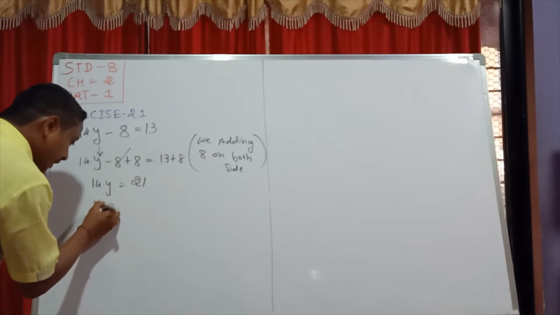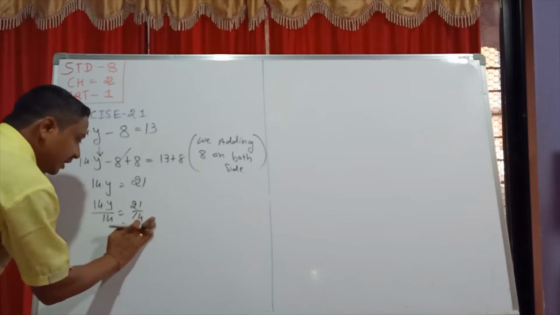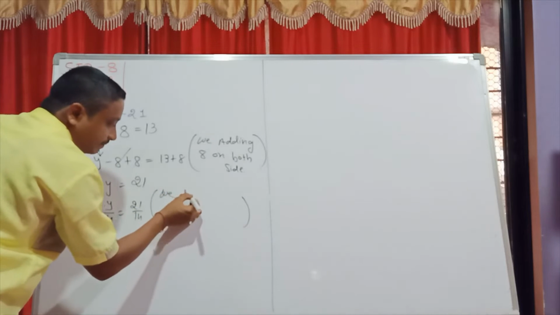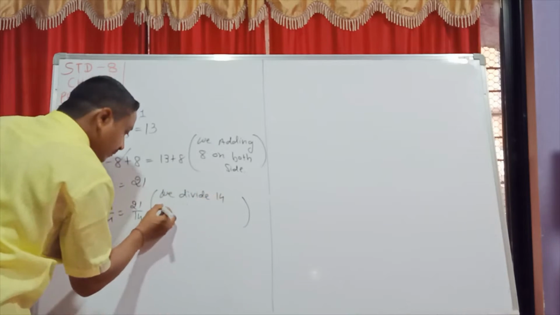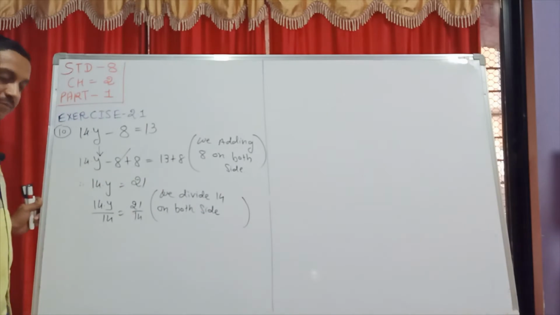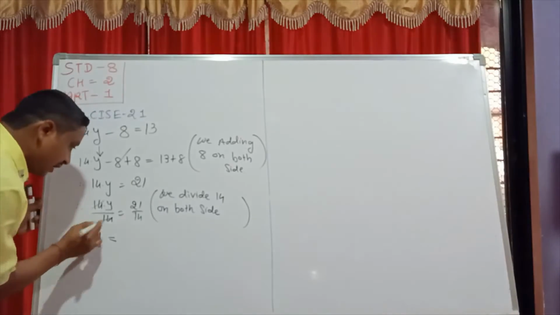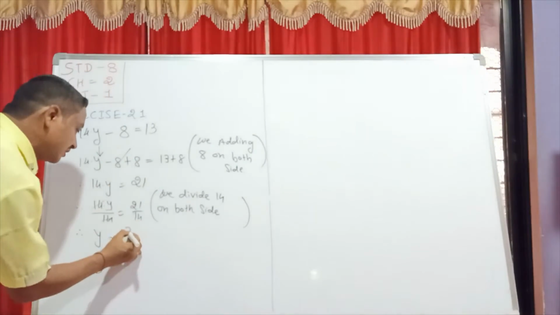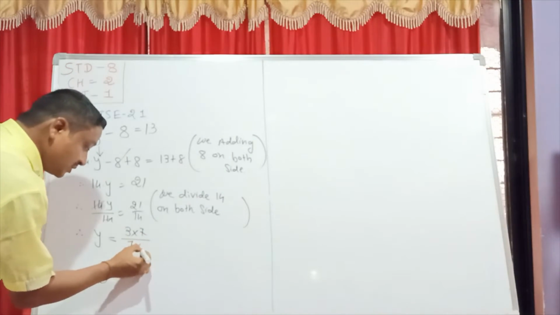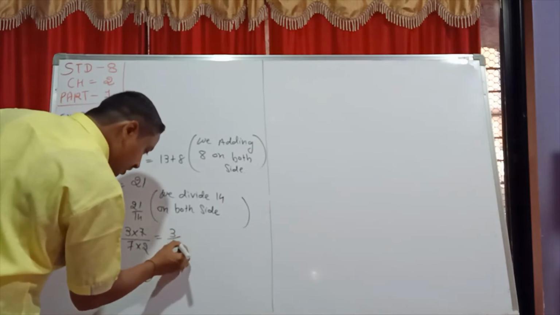So 14y by 14, here 21 by 14, and side by side we divide by 14 on both sides. Yes, happily done. This y and this y are gone, and only here, students, the 21 table. You know that any one table, right? 3 7s are 21, 7 2s are 14. So this 7 and this 7 are cancelled. Finally I have 3 by 2.